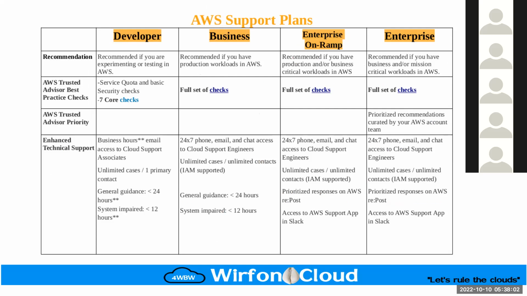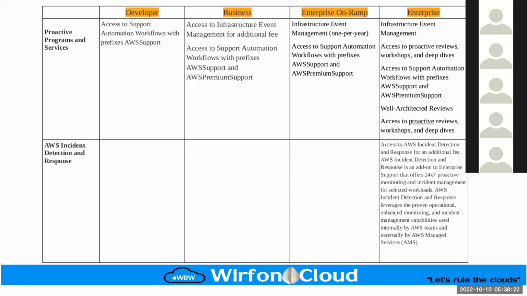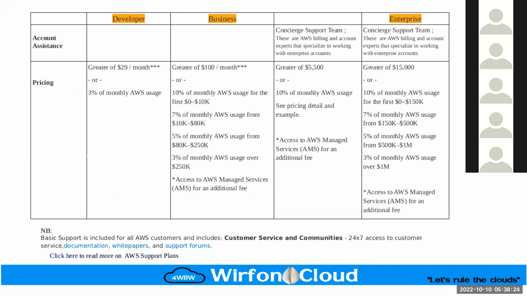So you should know some of these services that are offered only for it, because if you know them, it helps you when you read a question in the exam. You can easily eliminate the ones that are not right, instead of wasting time thinking between two which one is the right answer. So that's the AWS support plans.